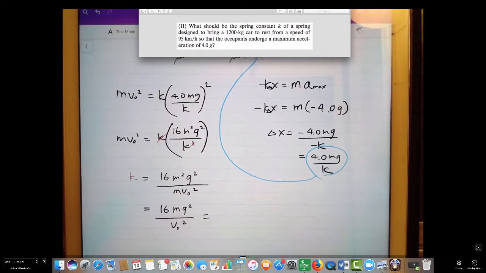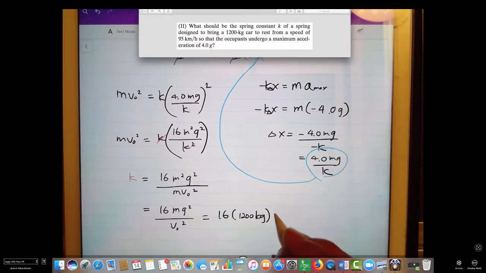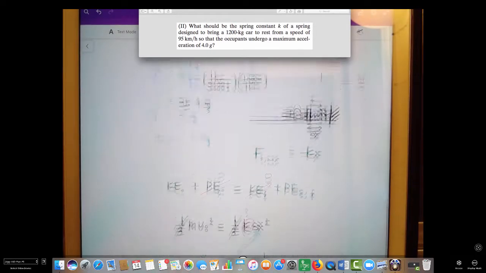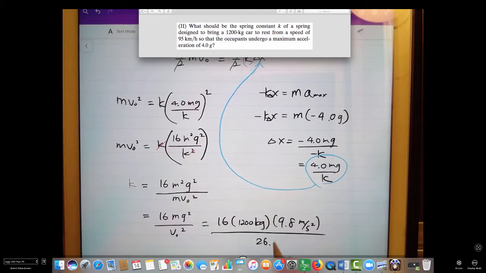We know the mass of the car is 1200 kilograms, and the gravity constant is always positive 9.8 meters per second squared, divided by the initial velocity of the car, which we earlier calculated as 26.4 meters per second. And don't forget to square that.